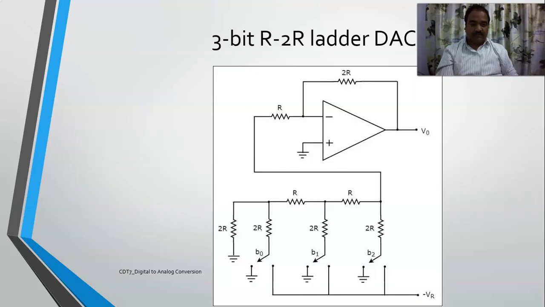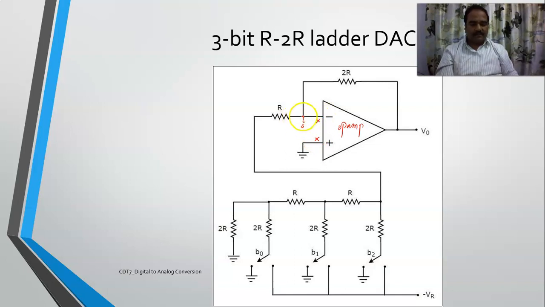So first of all, let me show you the figure. This is the figure of a 3-bit R to R ladder type of DAC. If you carefully see, this is an op-amp which has a virtual ground. Since it is grounded, this one will also be at ground with no current flowing into the terminals.